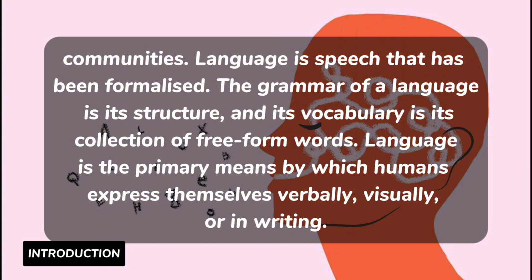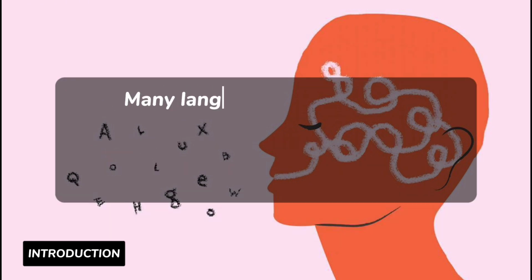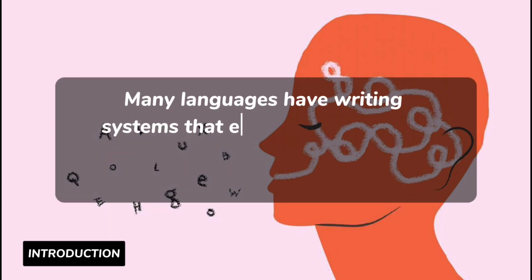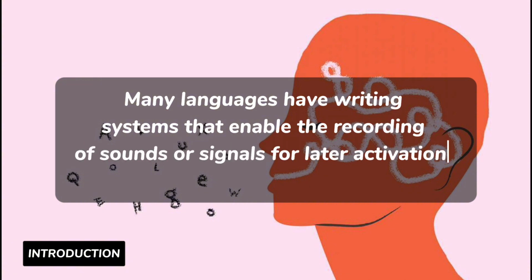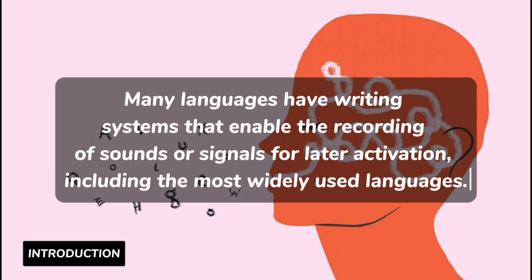Language is the primary means by which humans express themselves verbally, visually, or in writing. Many languages have writing systems that enable the recording of sounds or signals for letters, including the most widely used languages.